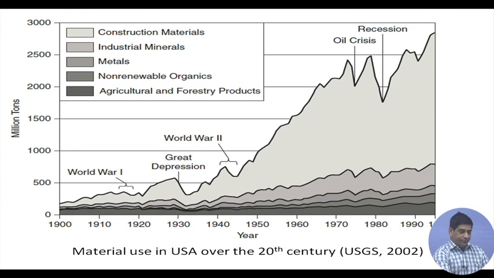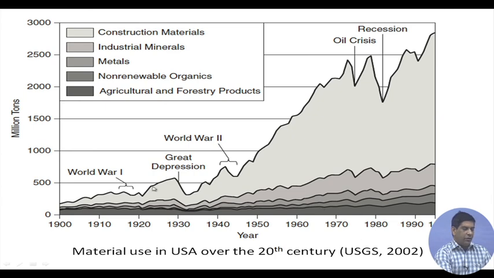In the 20th century, the last century, as you can see, there are different kinds of material: construction material, industrial minerals, metals, non-renewable organics, and agricultural and forestry products. The y-axis is in million tons, and the x-axis is the years of the last century, and the graph came from a USGS report.